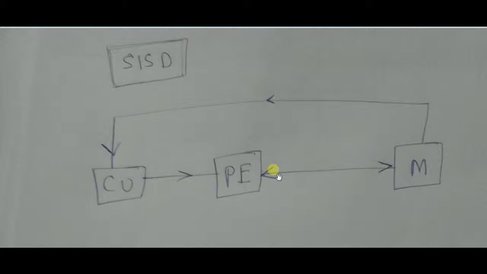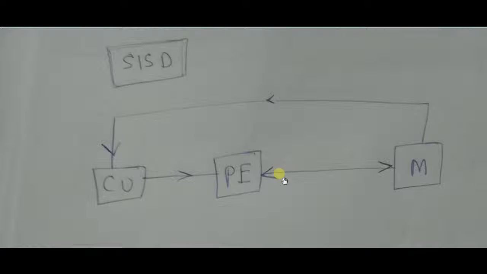What this means is the processing element gets the data from the memory. Data comes from the memory to the processing unit as well, because the processing unit processes the data, and data lies in the memory.